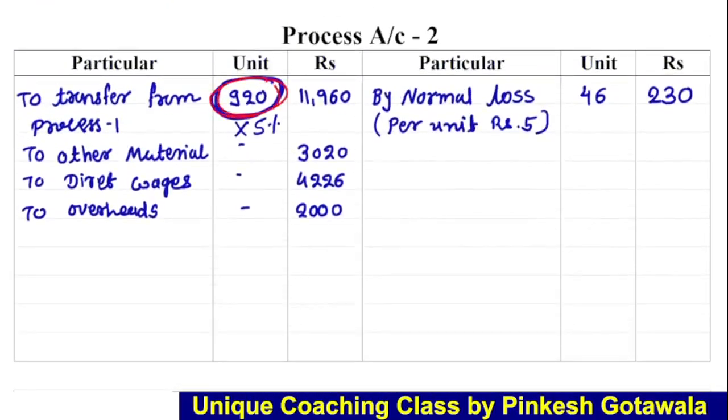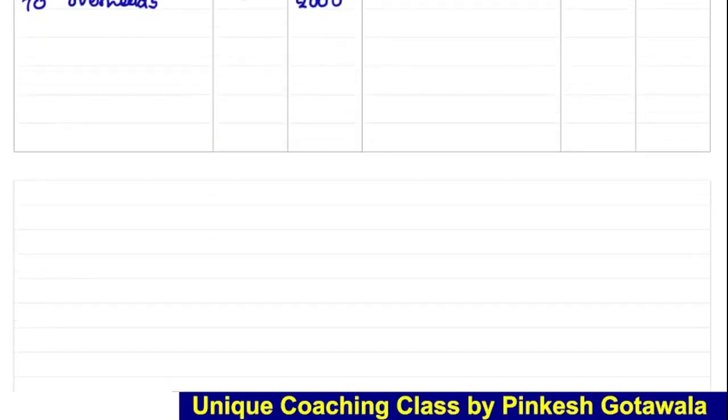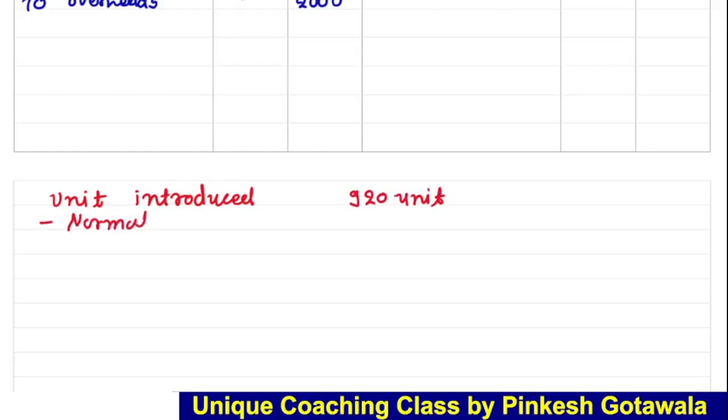We introduced 920 units less normal loss, that is 5%, 46.